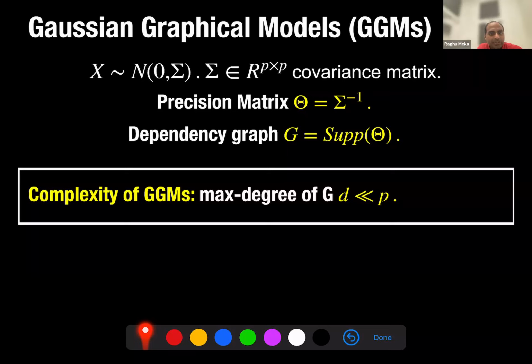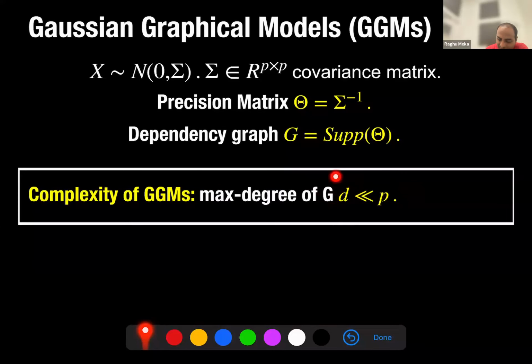All right. So now, going back to where we were, the reason we're talking about Gaussian graphical models is we parameterize these things by limiting the graphs that you observe, right? We said, if I want to learn the dependency structure, I need to assume something about the graph. And as in the case of learning Ising models, we are going to assume that the max degree of the graph is bounded.